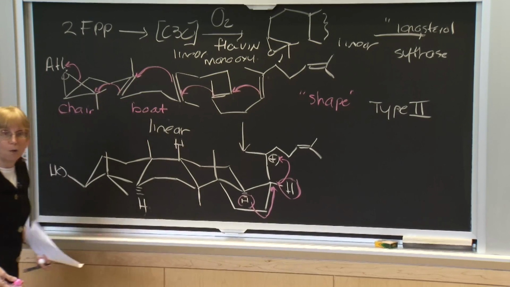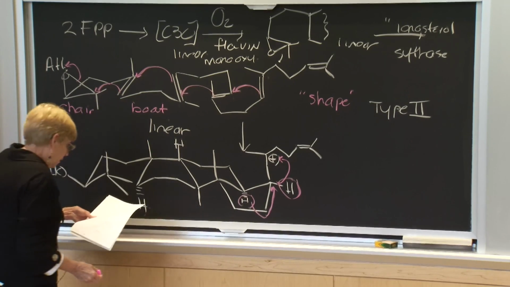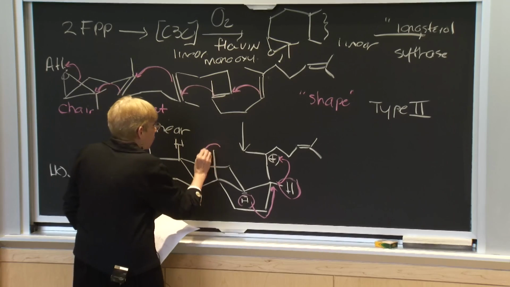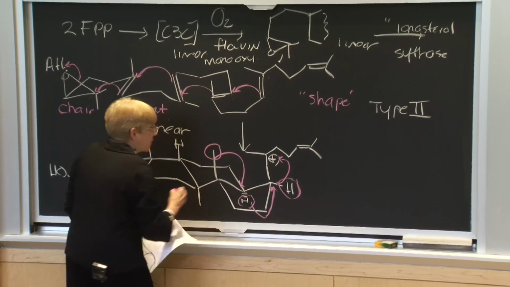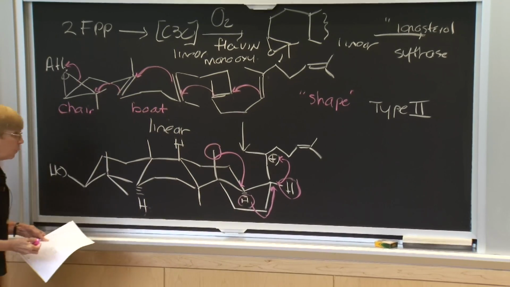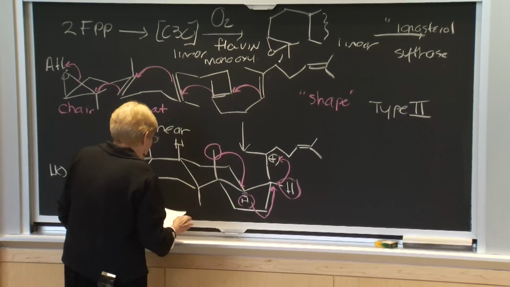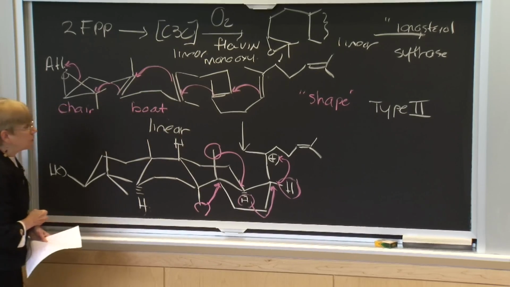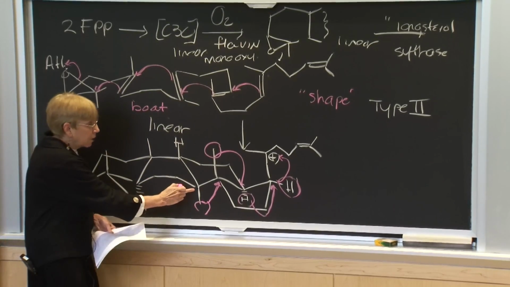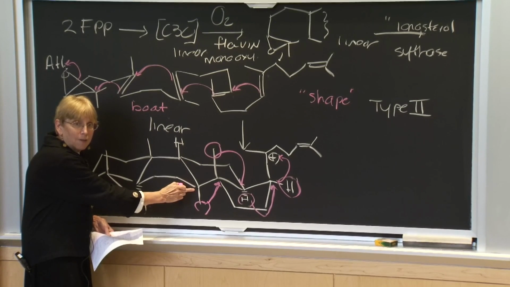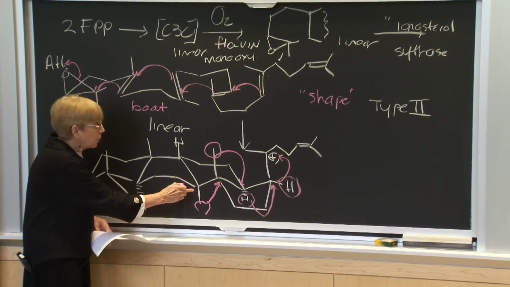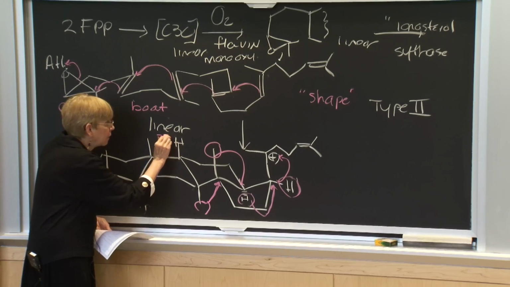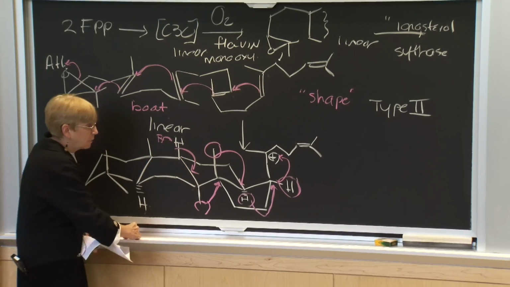So I'm not drawing out all the intermediates. Now what we have is a methyl group migrate with its electrons. We now have a second methyl group migrate with its electrons. And in the end, we're left with a cation here. And the last step in many of these reactions is loss of a proton. Okay, so here we would have loss of a proton.